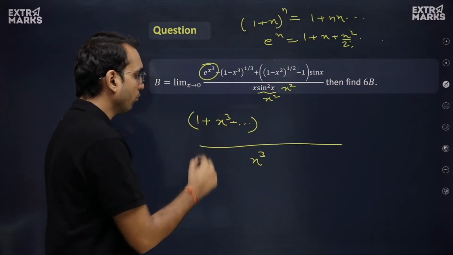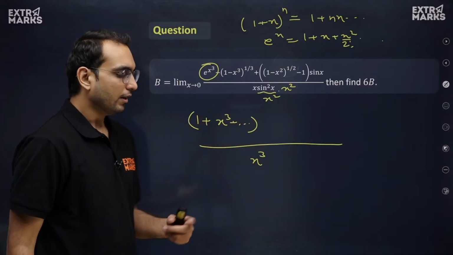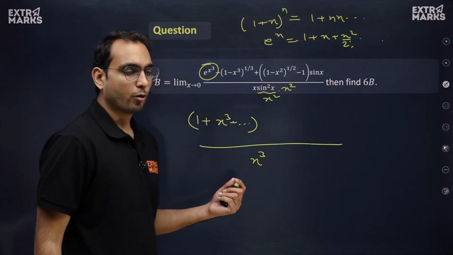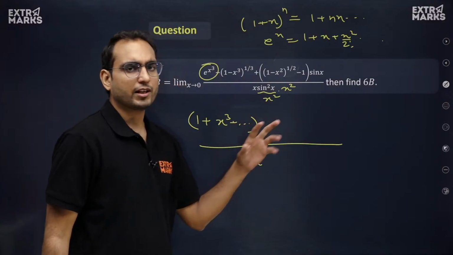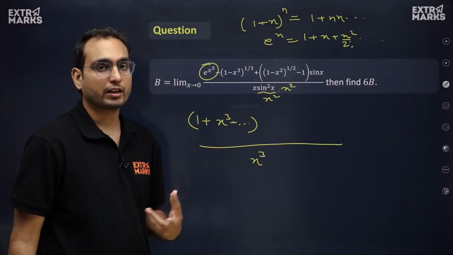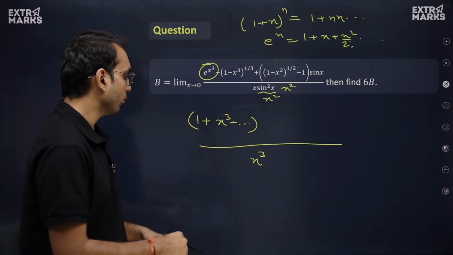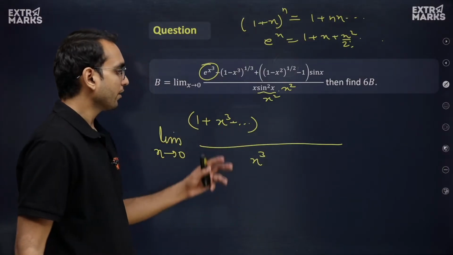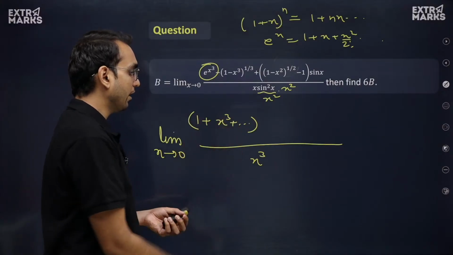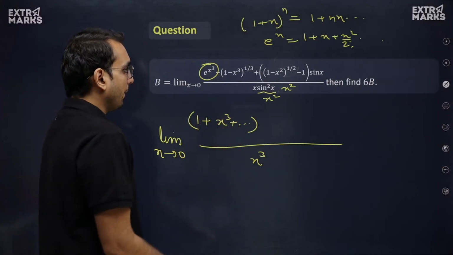We will not write more than x cube because the degree of the denominator is 3. Moreover, all the terms which have a power greater than 3 will become 0 because x is tending towards 0, right? So we don't need to write those terms which have a higher degree than 3, right?